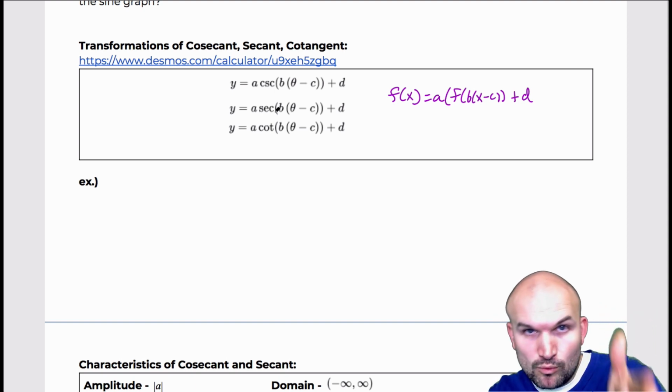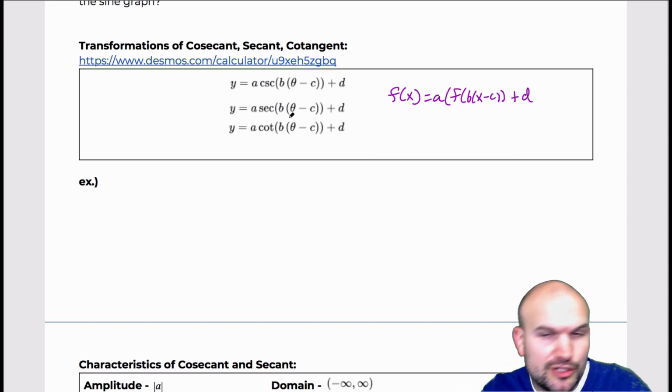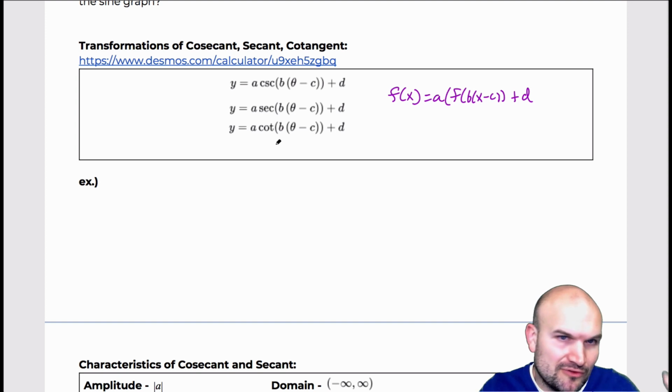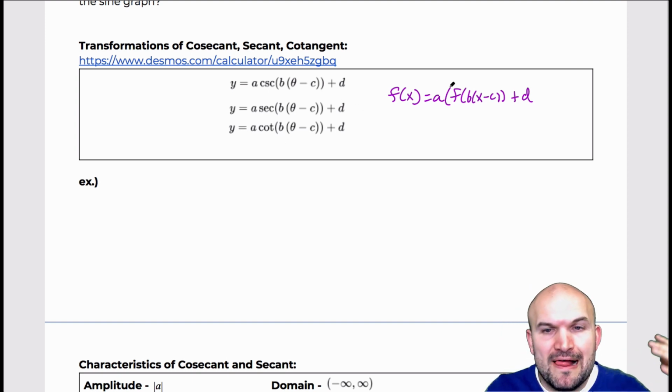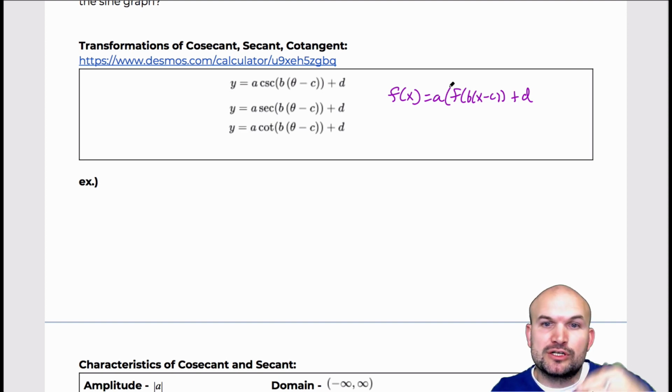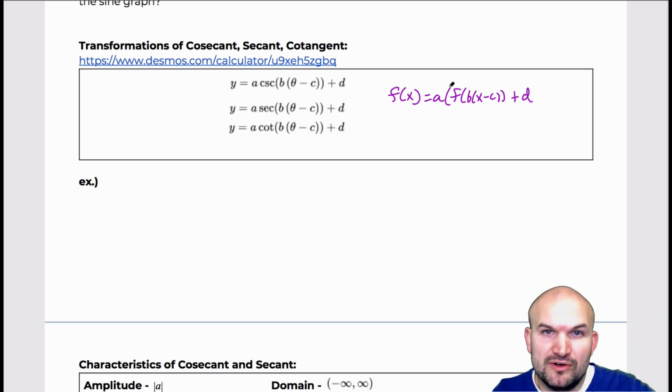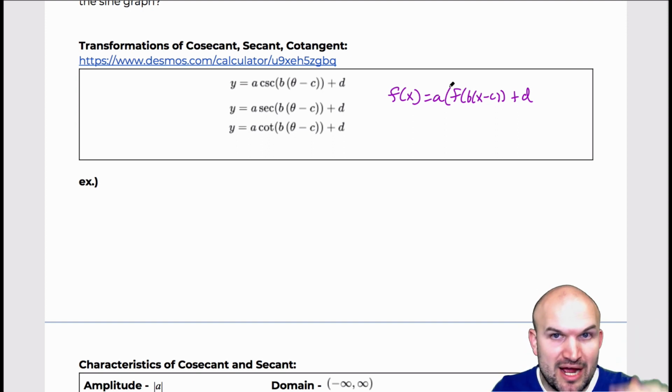So it doesn't matter what our function is, if it's a square root, a cube root, a radical, a reciprocal function, a logarithm, an exponential, the a, b, c, and d are going to apply the same operations. A is vertically stretching or compressing the graph, reflecting about the x-axis. B is horizontally stretching or compressing the graph, or reflecting about the y-axis. C is shifting the graph left or right, and D is shifting the graph up or down.